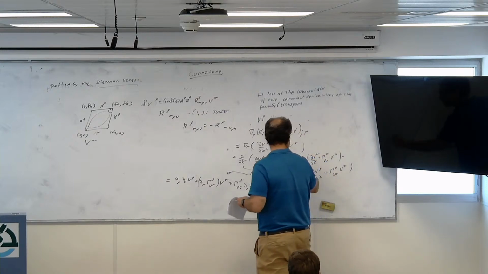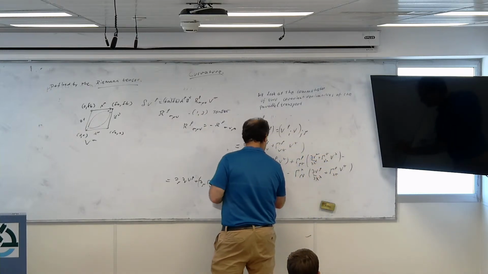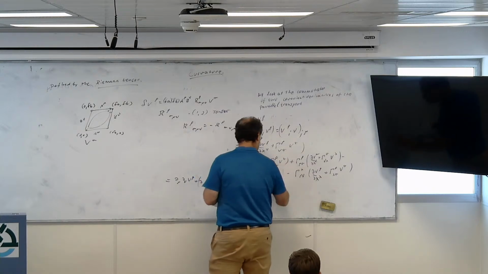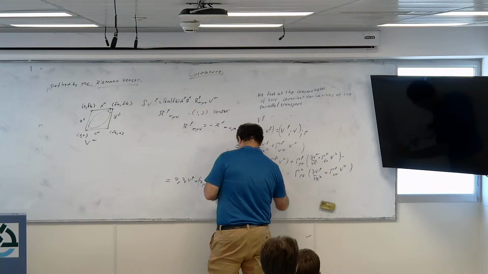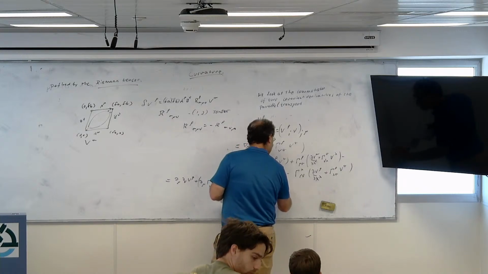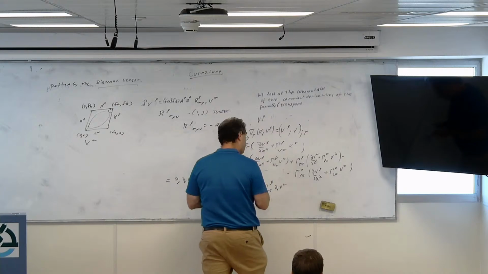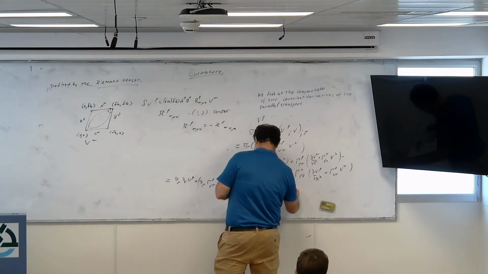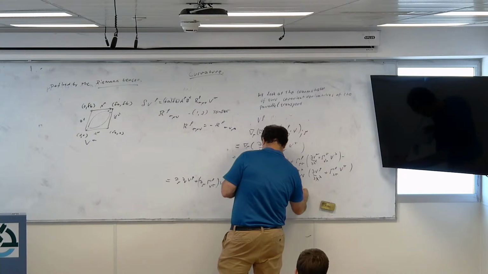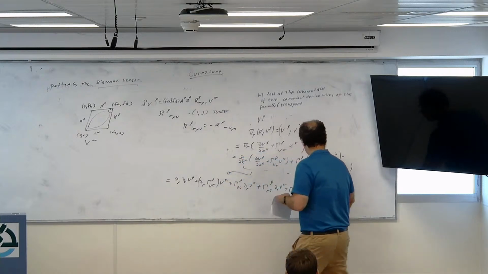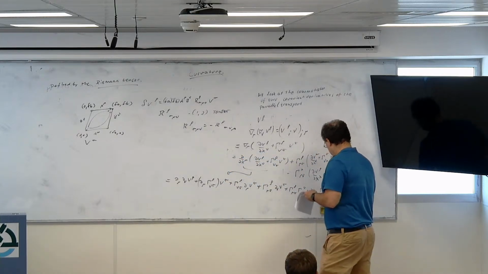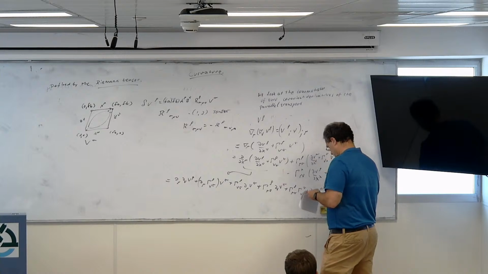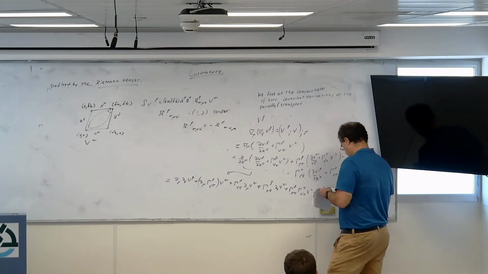Just need to like that, so plus gamma rho mu sigma v sigma plus gamma rho mu sigma lambda, and then the minus gamma lambda mu d lambda d rho minus gamma lambda mu gamma rho gamma sigma.